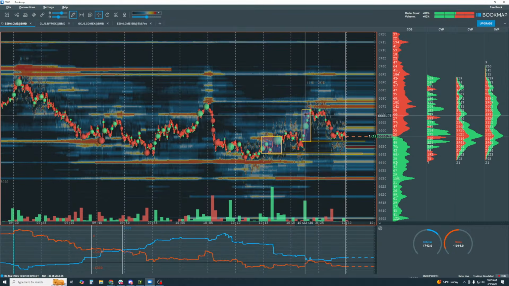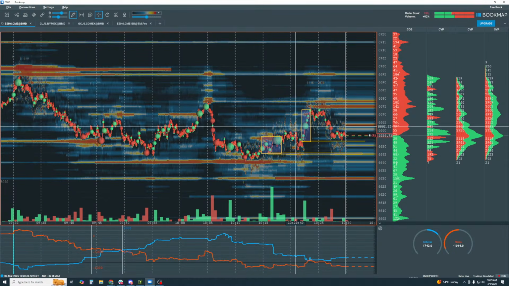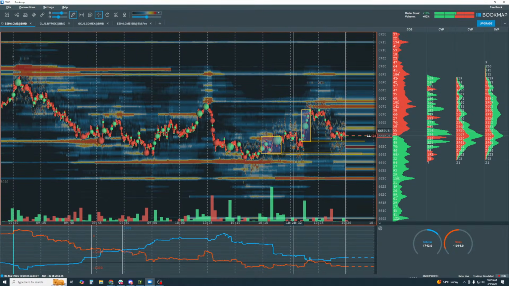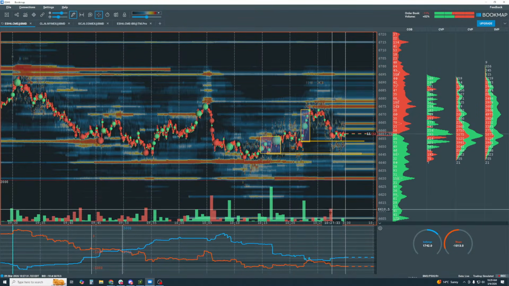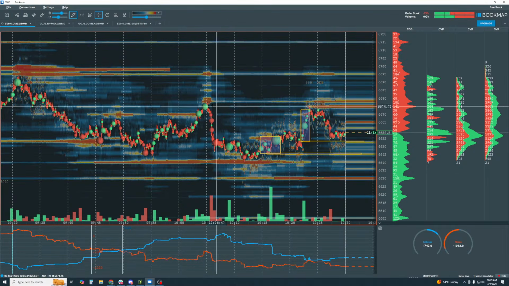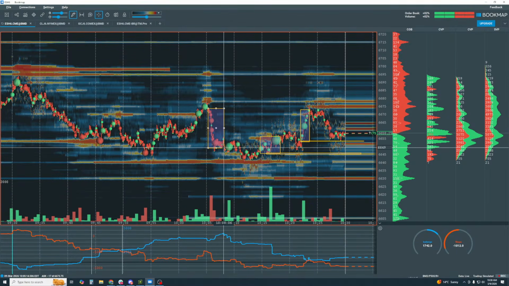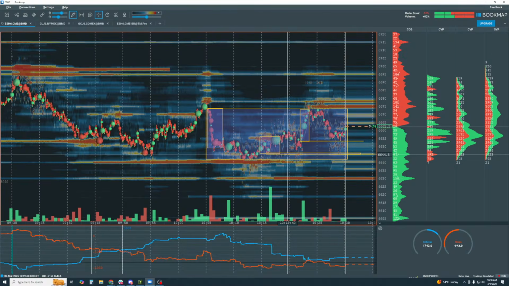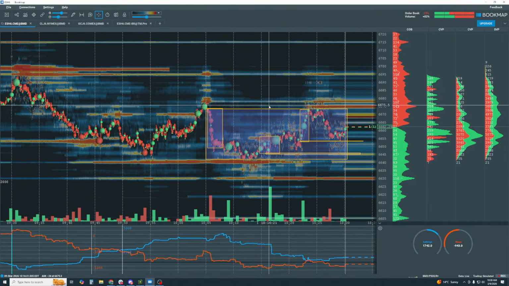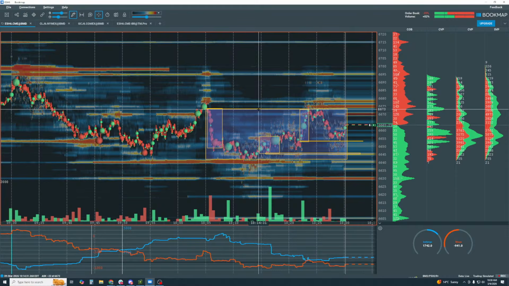I know buyers are in control in this small area with this impulse move, but it's pretty choppy. I see this heavy selling coming in. In fact, there's heavy selling over here, and we're still within that range too. So the bigger range in here is chop, and I'm not seeing clear direction.